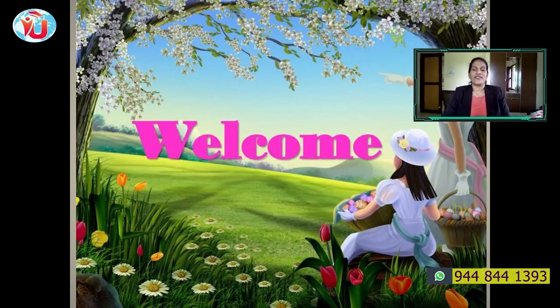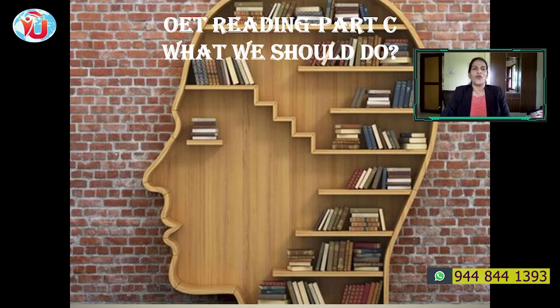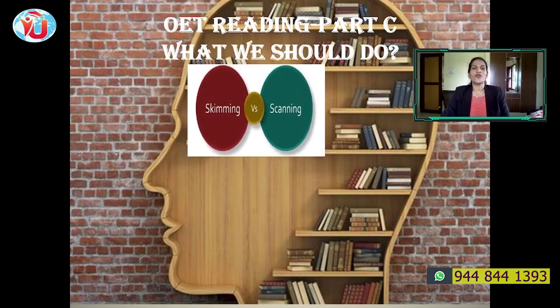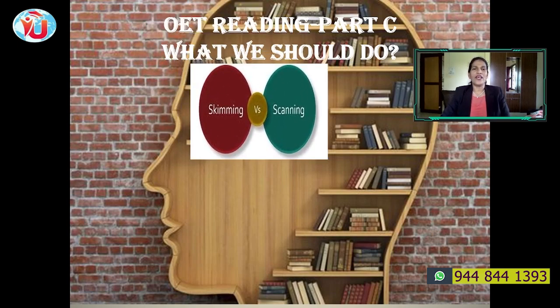Yes, my dear friends, when we talk about OET reading part C, what should we do? Many questions arise in our minds. Don't worry, be cool. I will tell you what you are supposed to do. You need to skim and scan. Whenever you get the text, the first thing that you do is skim and scan.